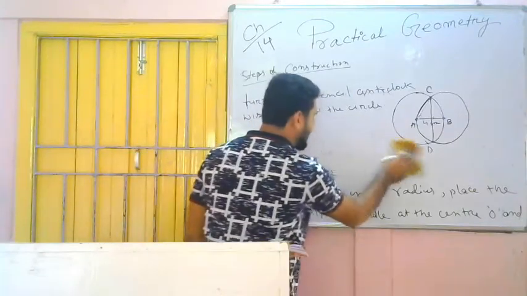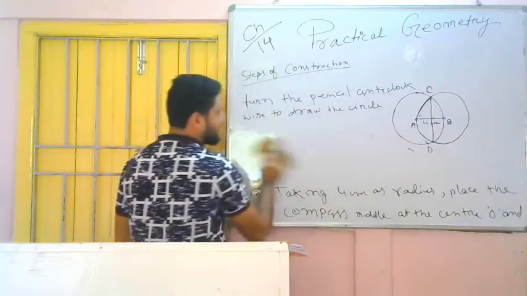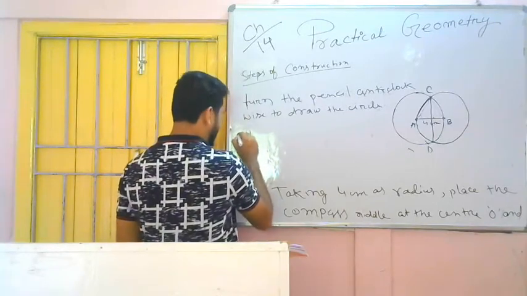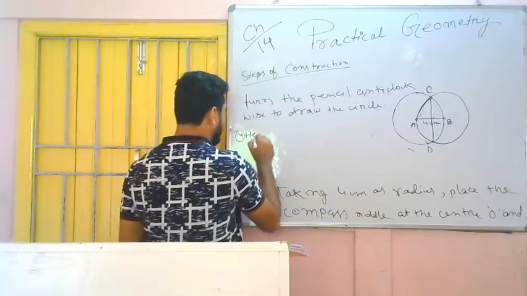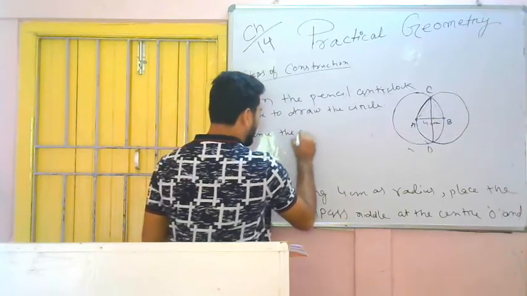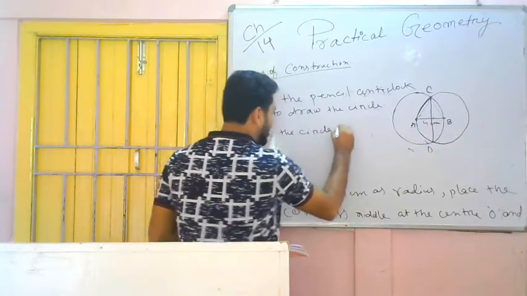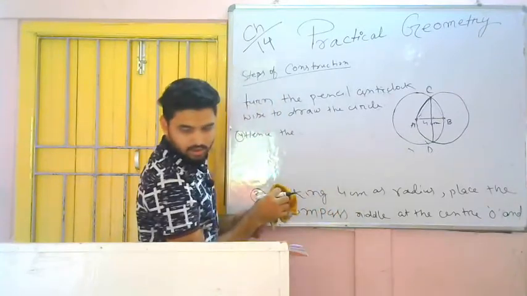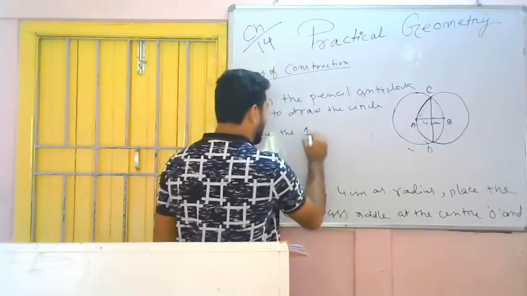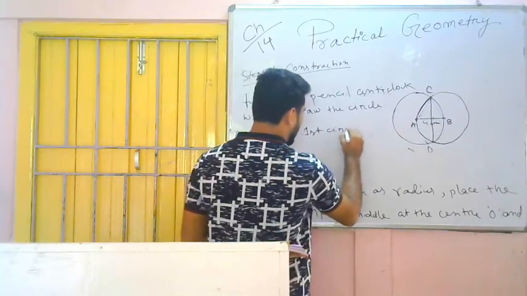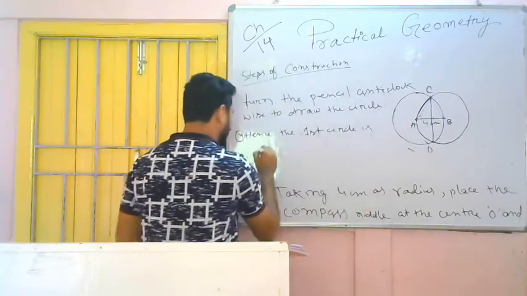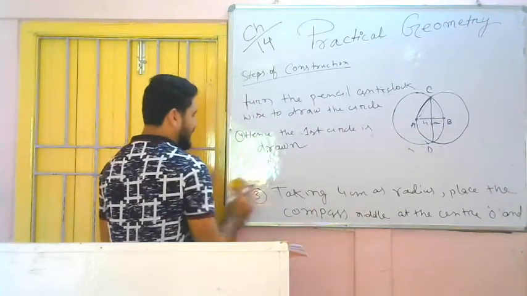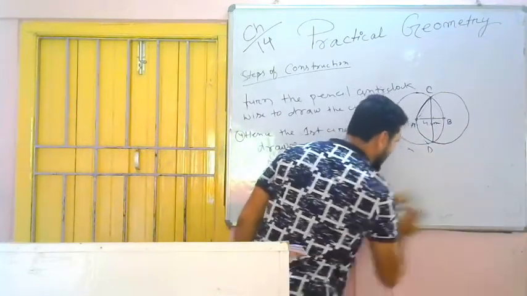Number 4: hence the first circle is drawn. Now come to step number 5.